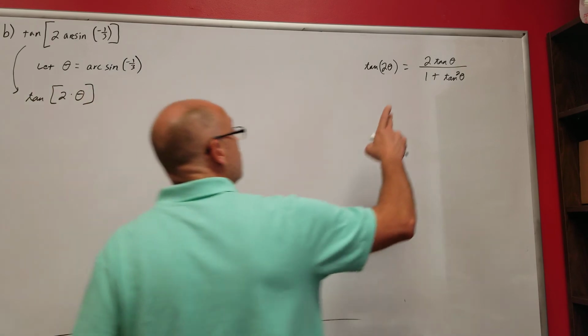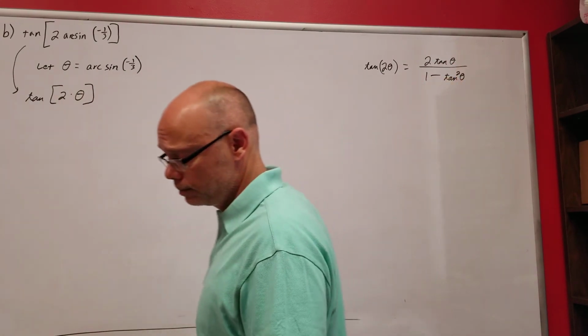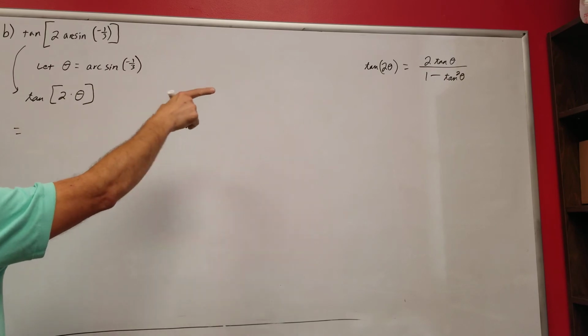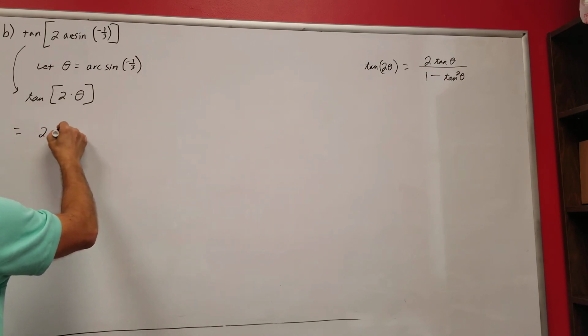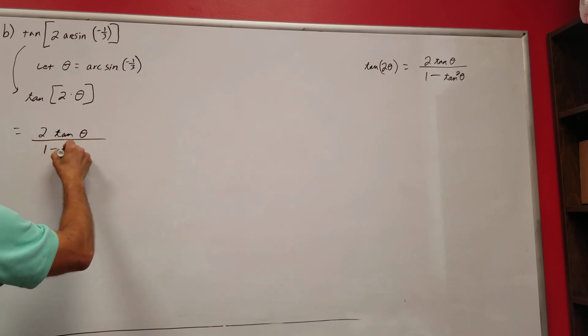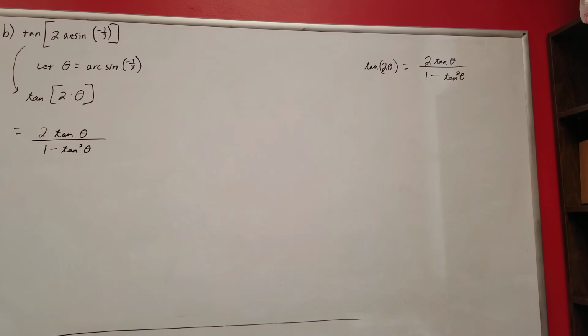Actually, let me write it correctly so I can use it. That should be a minus there. So how could I use that? Well, what does that tell me? It's 2 times tangent of theta over 1 minus tangent of theta squared, right?